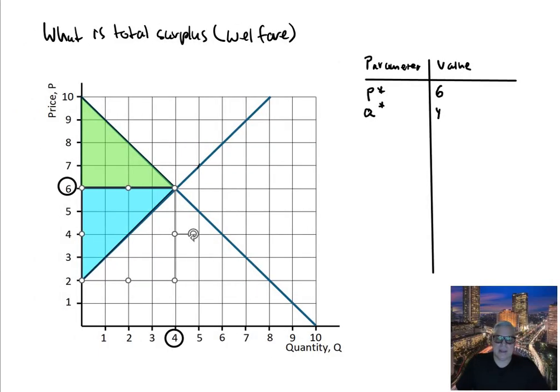Okay, and we already calculated those areas, and we said consumer surplus is the green area where the base is 1, 2, 3, 4, height is 4, 4 times 4 is 16, 16 over 2 is 8. And we have producer surplus, and of course producer surplus is also 8.